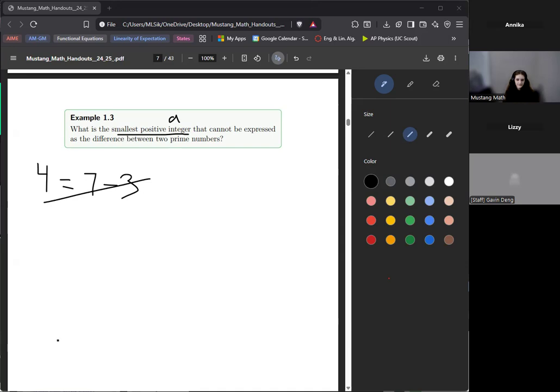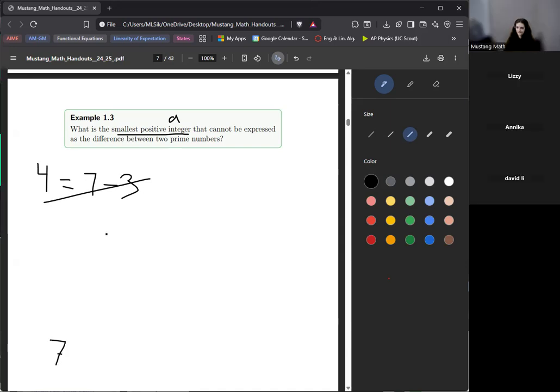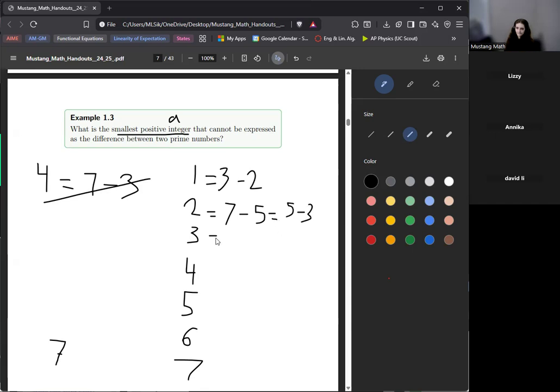Awesome. So how did you reach that conclusion? I just started trying all the numbers, starting from 1. 1 can be 3 minus 2. 2 can be 7 minus 5. 3 can be 5 minus 2. 4 can be 11 minus 7. 5 can be 7 minus 2. 6 can be 13 minus 7.